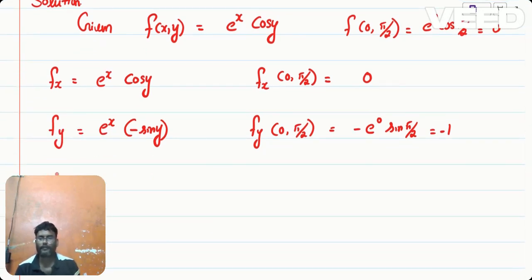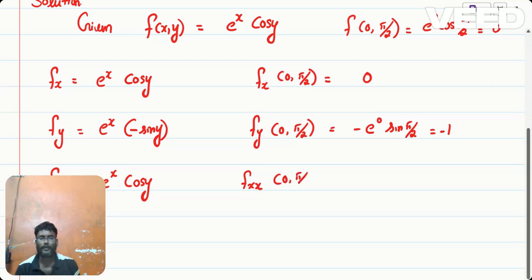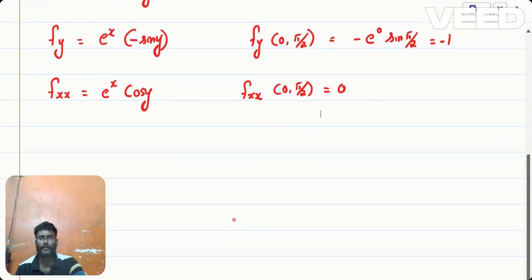Similarly, f xx equal to e power x cos y, corresponding f xx of 0 comma pi by 2 will be 0. Wherever you get the cos term, cos pi by 2 will be 0.